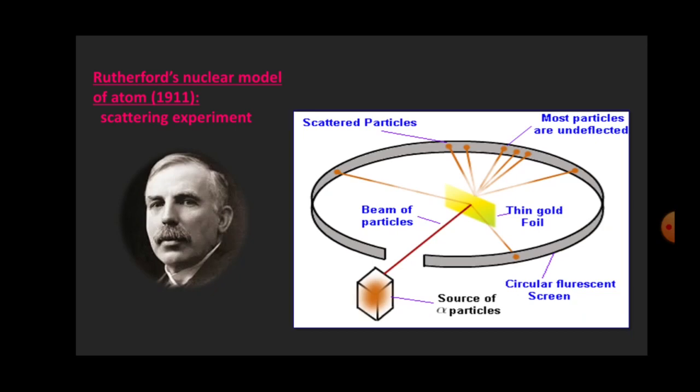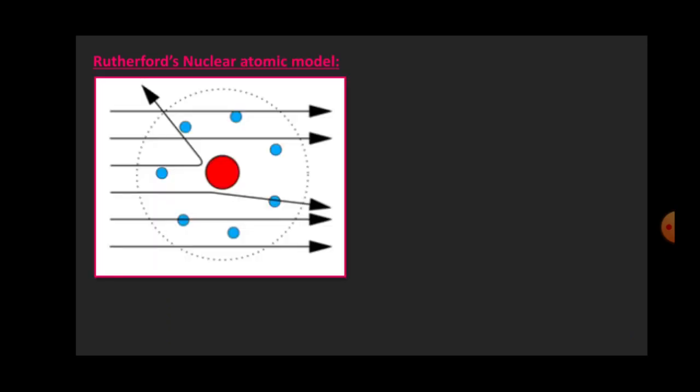So this was Rutherford's nuclear model of atom, and he came to this conclusion after performing an experiment. On the basis of the alpha particle experiment, he gave the Rutherford nuclear atomic model.